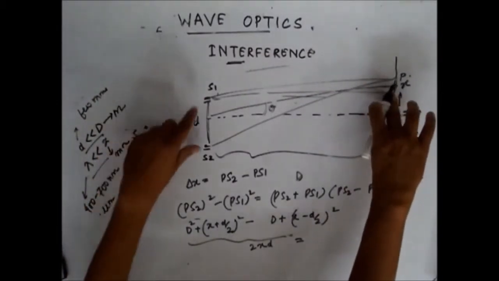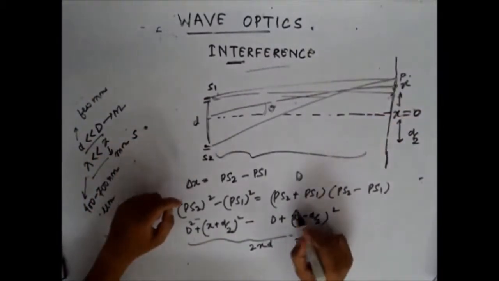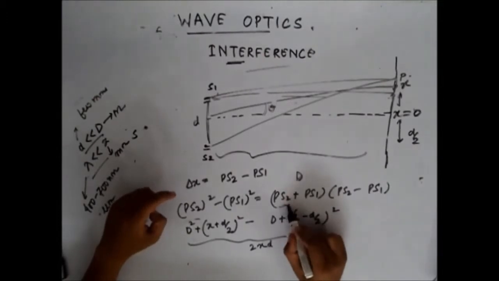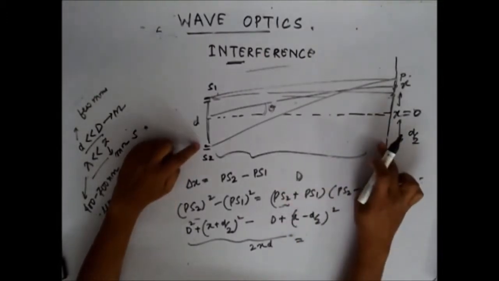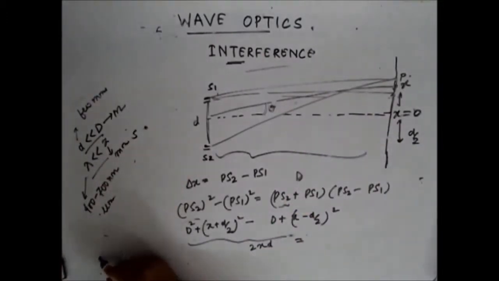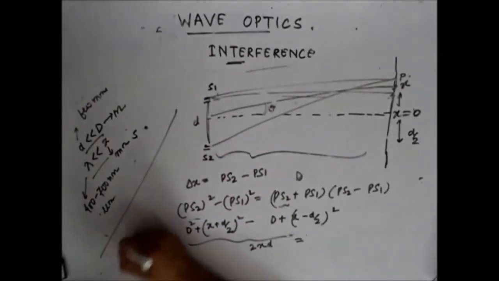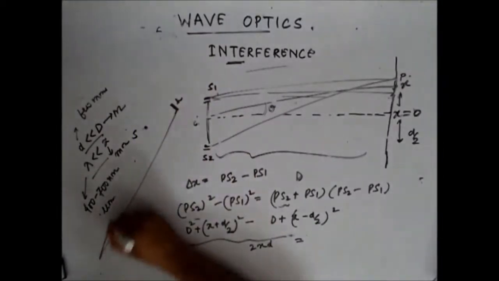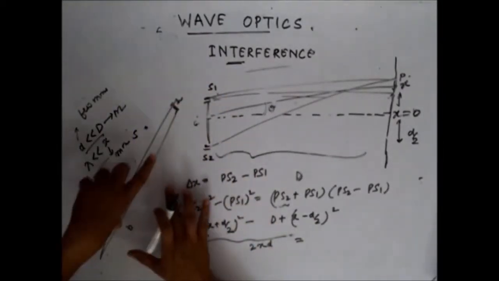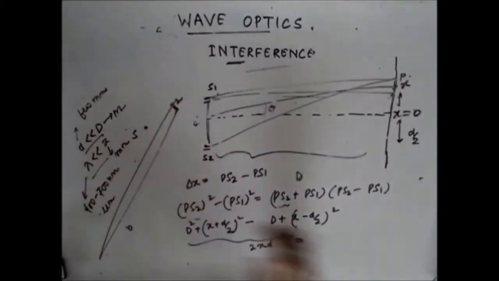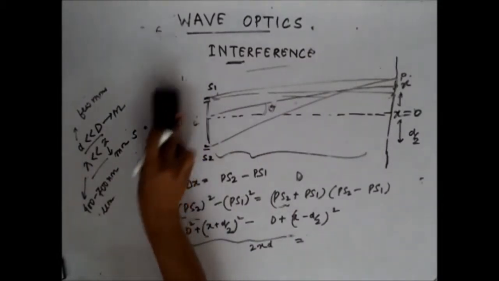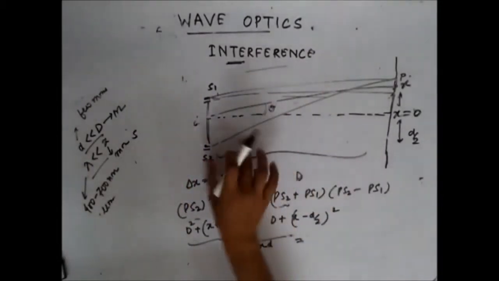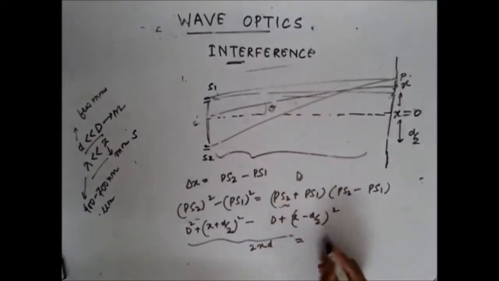So PS2 I can approximate as capital D. Remember that when you have a large base and a small height, the hypotenuse is approximately equal to the base.